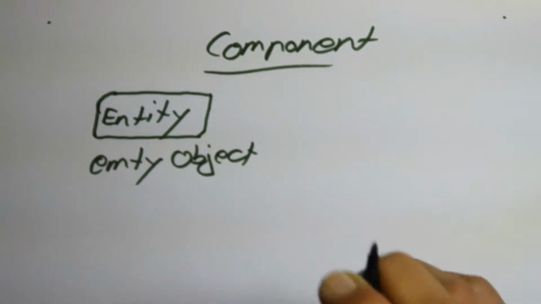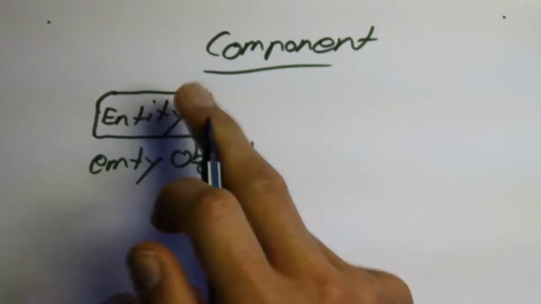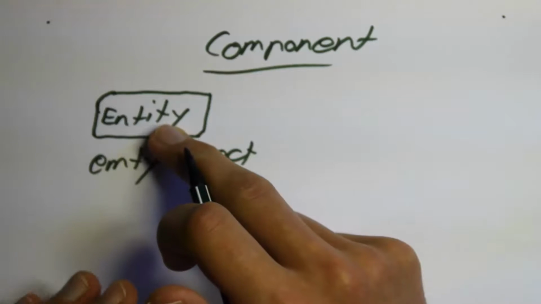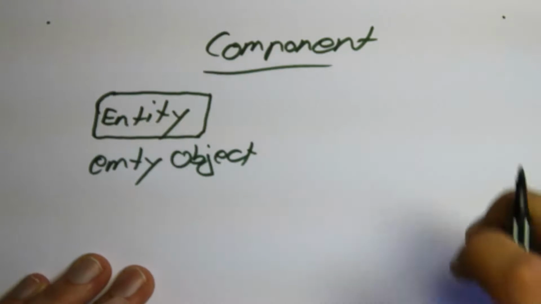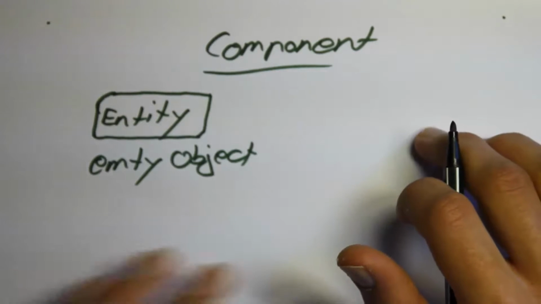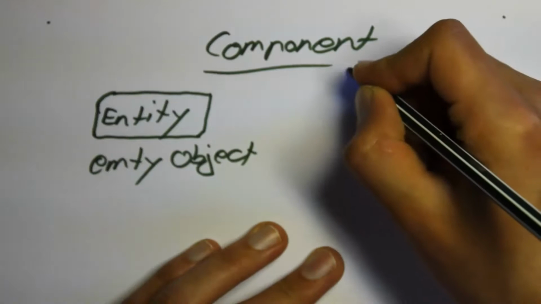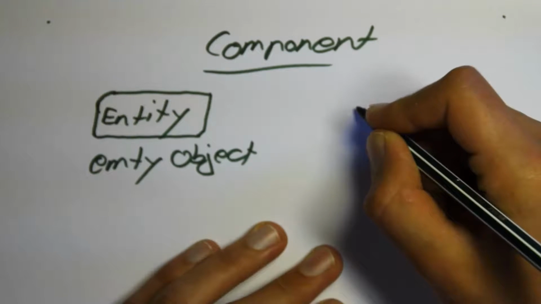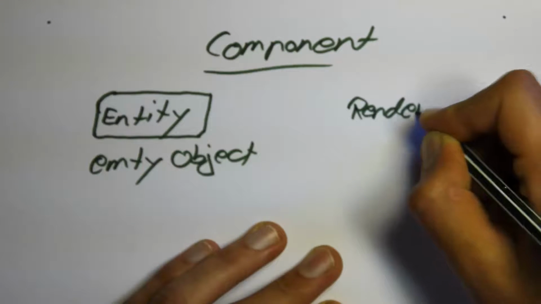So now you might ask me, hey, how do we add logic to that? And here's where the component comes in. Basically, an entity can get assigned different components that you create. Each component consists of some game logic. For example, I can create a component base class, and I create a component called render component.